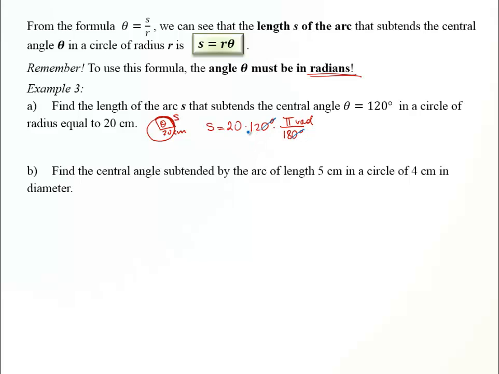We can also reduce by 6, so that's 3 and that's 2, which means that 120 degrees is 2 pi over 3 radians. If you remember that 60 degrees is pi over 3, then 120, which is twice as much, is 2 pi over 3. So we have 20 times 2 pi over 3. Therefore, it's the same as 40 pi over 3.